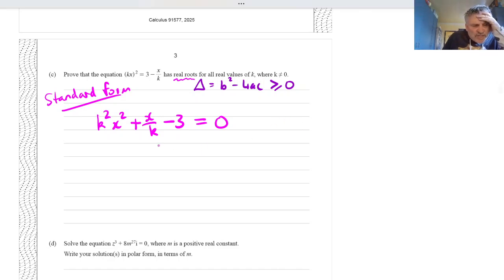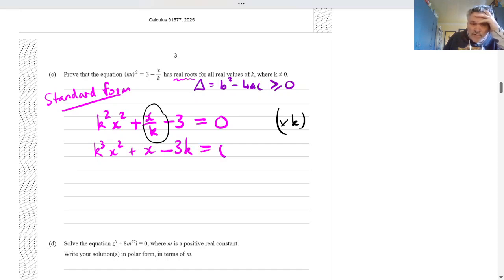It's useful to simplify algebra often when you've got a fraction, as we've got here. We can avoid that by multiplying by k right through the equation, it will get rid of this. So k times the first term is going to be k cubed x squared. k times this term will just cancel the k in the denominator, and k times this term will just make us have 3k.